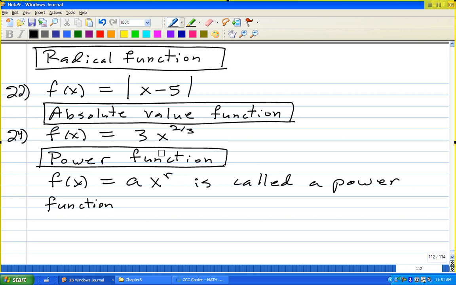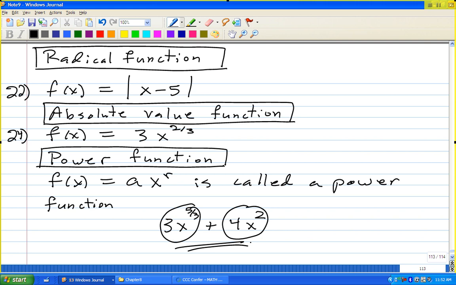And for a power function, it can only be one term. So if I wrote 3x to the 5 thirds plus 4x squared, this would not be a power function. This would be a power function. That would be a power function. But in total, it would not be a power function.